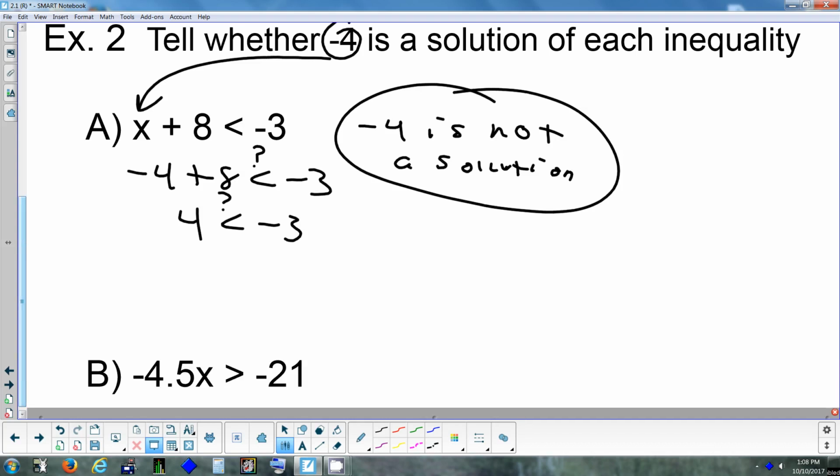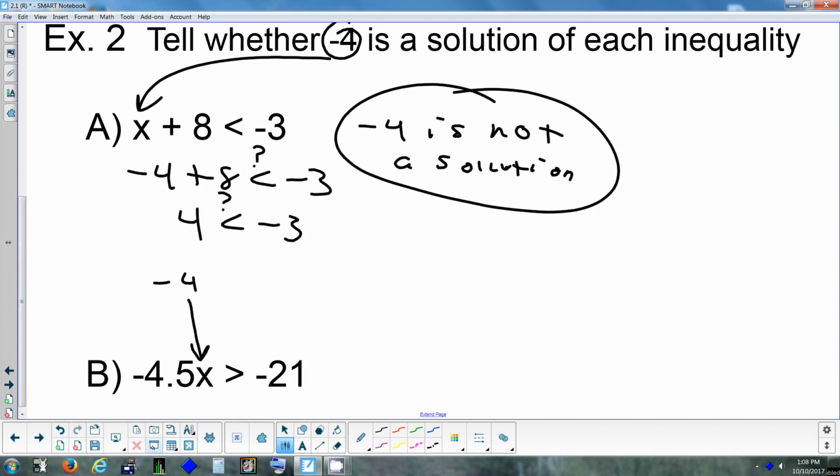All right, let's try this one. Again, remember what you're plugging in. You're plugging in negative 4. Now, even if you're not sure of the arithmetic, does anybody see something that's going to happen on the left, where it doesn't really matter what the left-hand side comes out to?